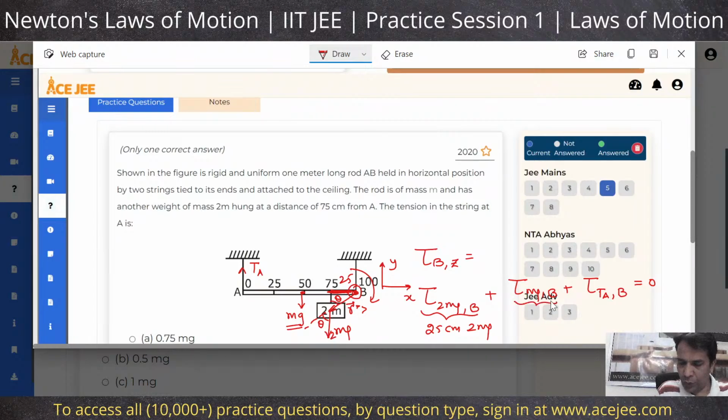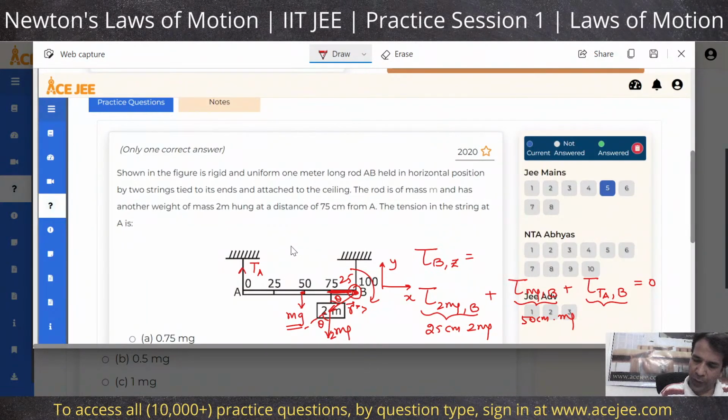What about the torque due to this? This will be 50 centimeters into mg. Again, the torque vector is pointed out of the screen. What about the torque due to the tension TA? It is trying to rotate it in the clockwise direction, which means that the torque vector, if you curl your fingers in the direction of the twisting action, your thumb should point in the direction of the torque vector.